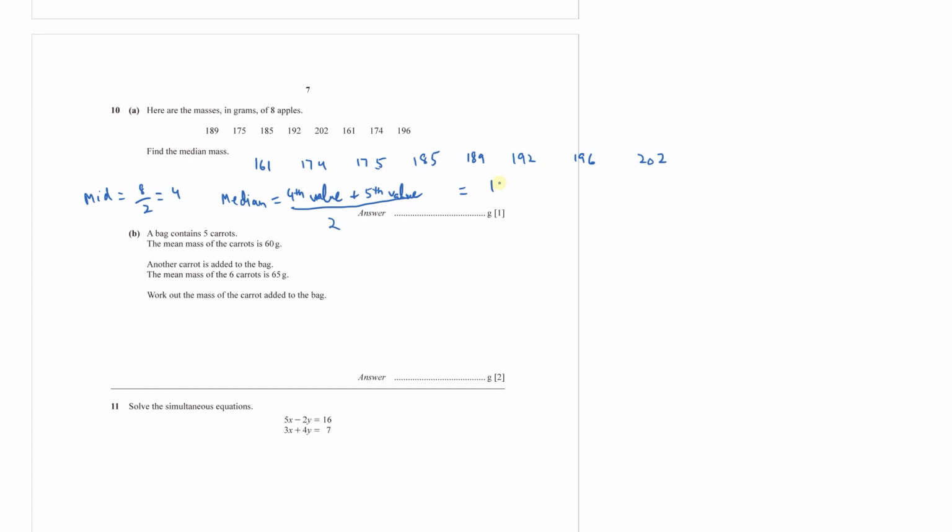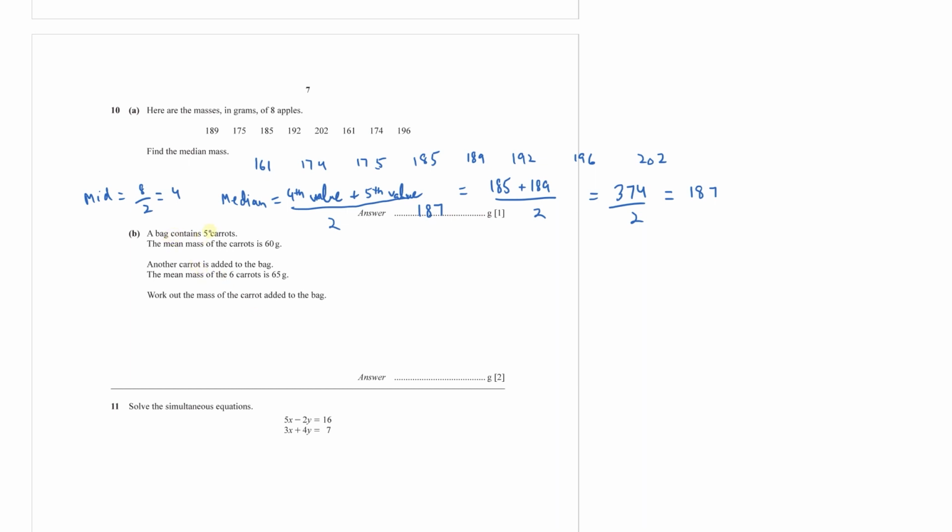The fourth value is 185, and the fifth value is 189, divided by 2. If you add them together, you get 180 plus 180 is 360, 365, 374. 374 divided by 2 is 187. So 187 grams is your median value.